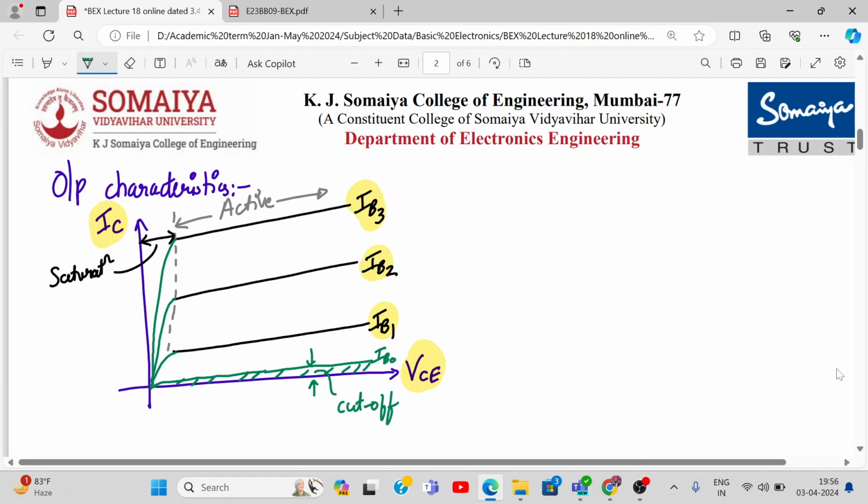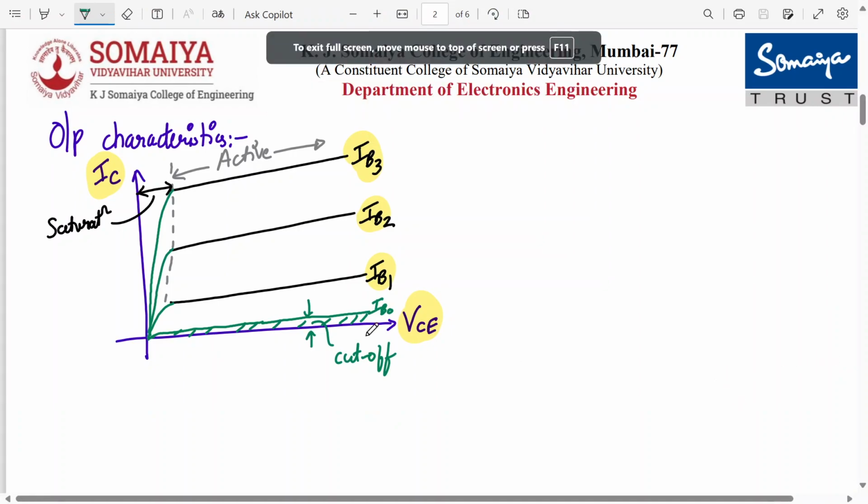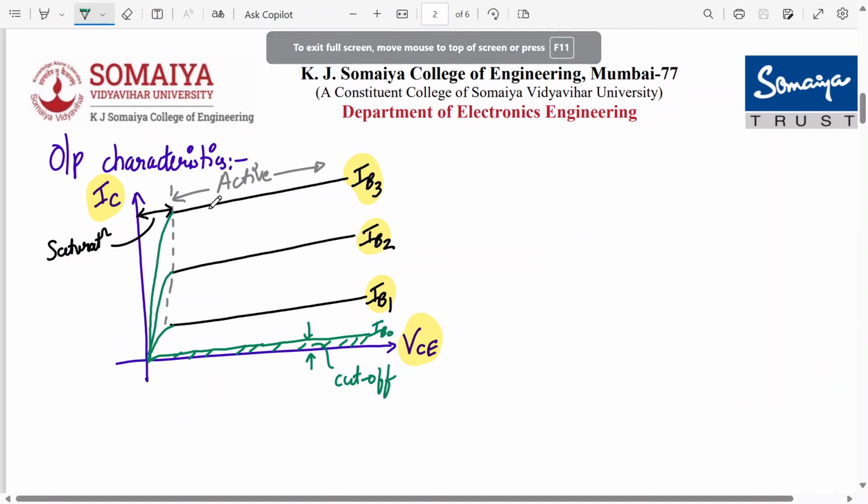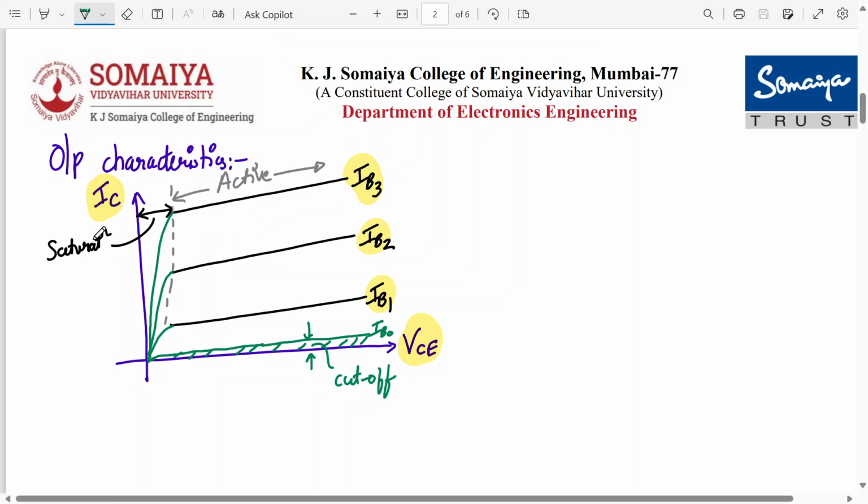So what information do we get from the output characteristics? From the output characteristics we can determine the region of operation of the BJT. So for very small values of VC, the BJT is in saturation. For higher values of VC, it's in the active region and current is almost constant.